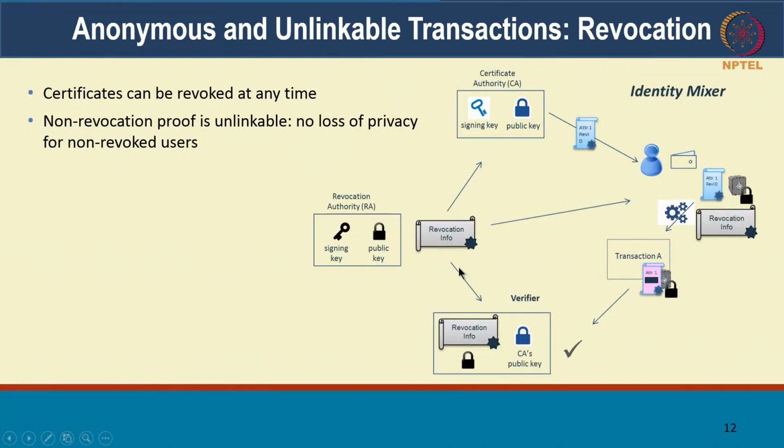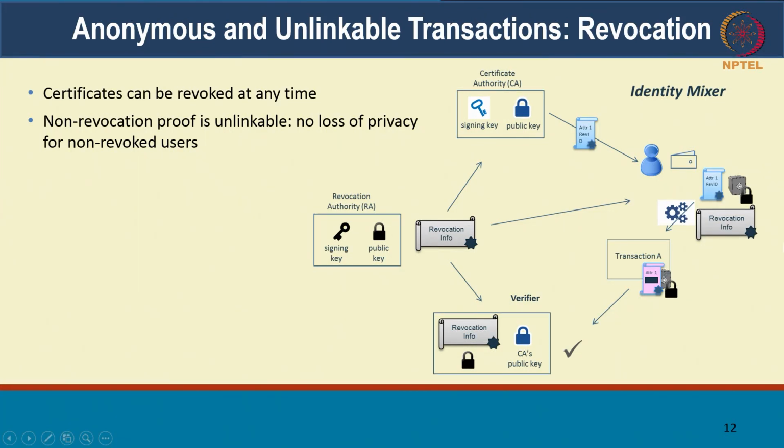And of course, there's certificate revocation. This is an important functionality provided by the certificate authority. It's going to maintain a certificate revocation list of the set of user certificates that have been revoked. With Identity Mixer, there is a separate revocation authority.